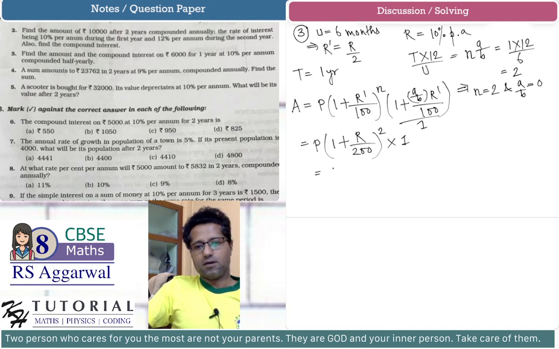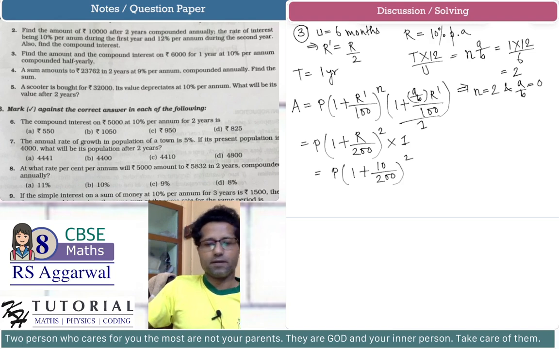This is P multiplied by 1 plus R, the given rate of interest per annum is 10. So 10 by 200 square. So this is equal to P multiplied by 1 plus 1 by 20 square, and this is equal to P multiplied by 21 by 20 square.